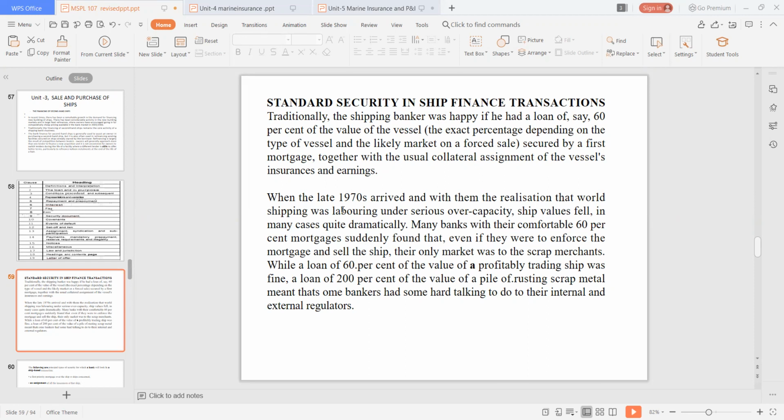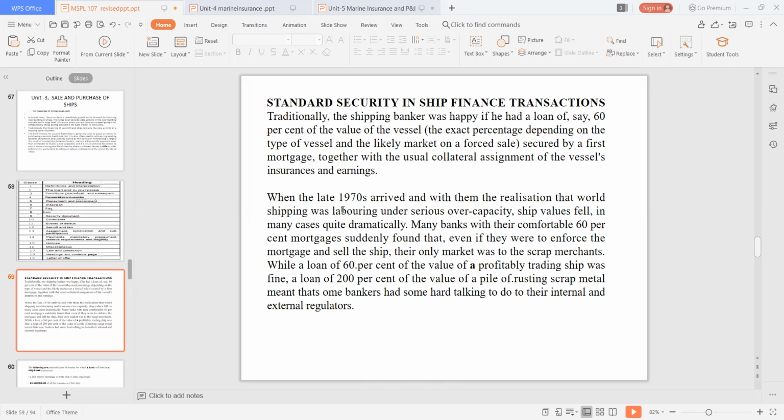When the late 1970s arrived, with them came the realization that shipping was laboring under sea overcapacity, and ship values fell, in many cases quite dramatically. Many banks with comfortable 60% mortgages suddenly found that even if they were to enforce the mortgage and sell, their only market was the scrap merchants.